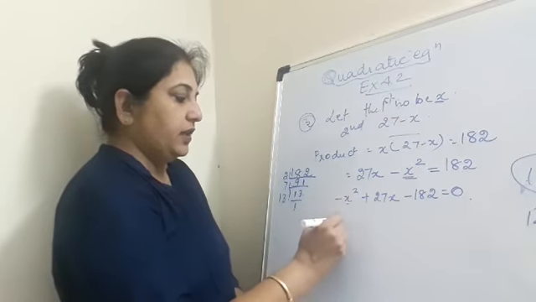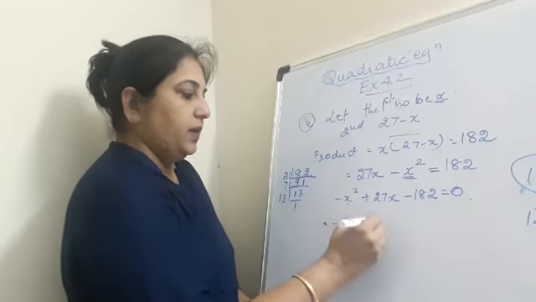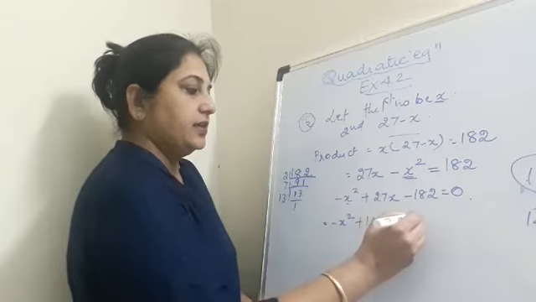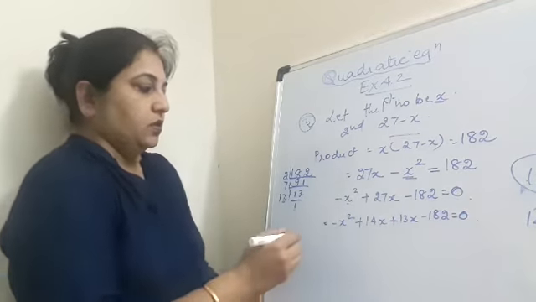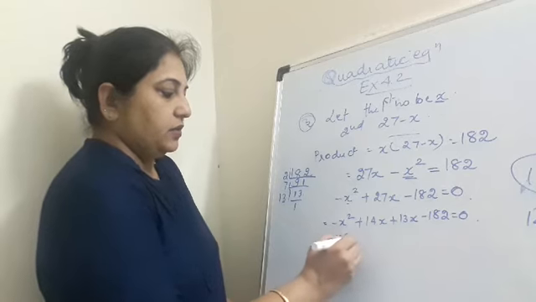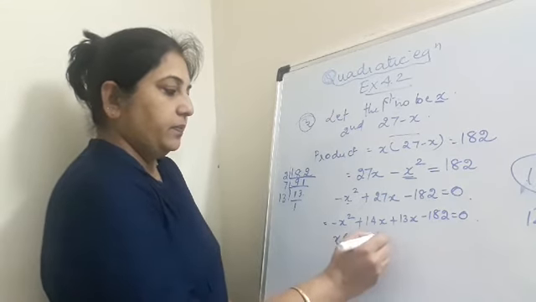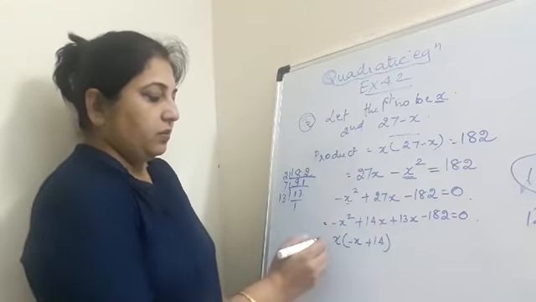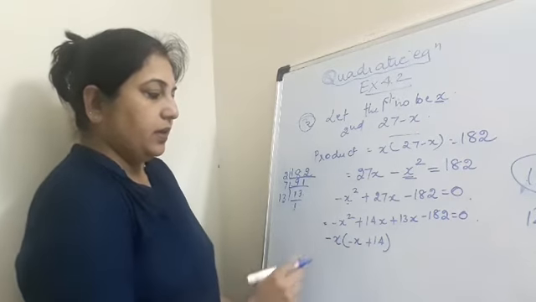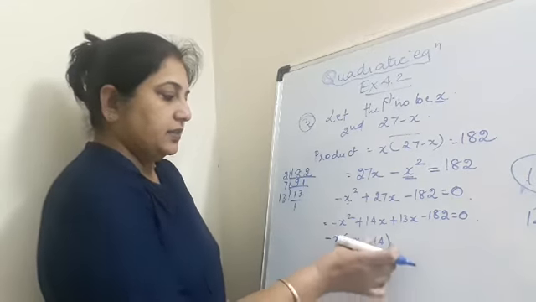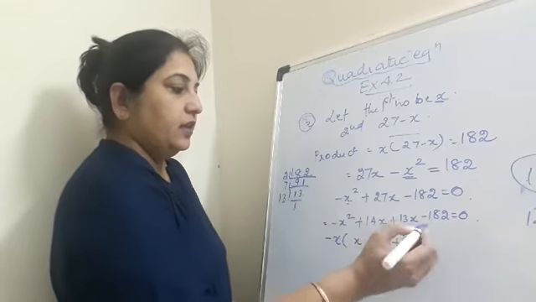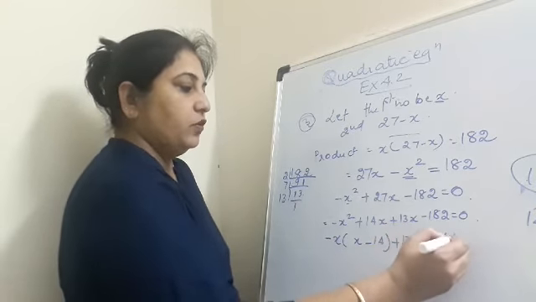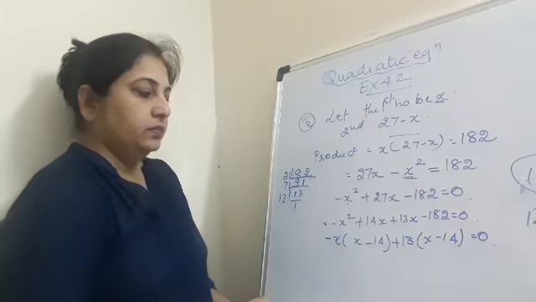So I will write minus x square plus 14x plus 13x minus 182 is equal to 0. Then we take out minus x common, so minus x into x minus 14, and here I take 13 common, x minus 14, which is equal to 0.